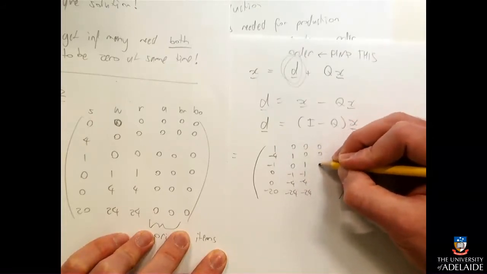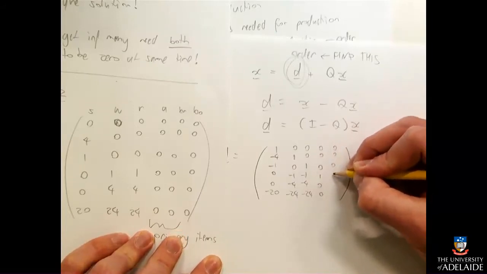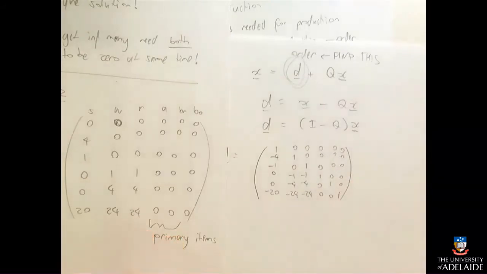Zero, 0, 1, 0, 0, 0, 1, 0. Like that. Okay, that's good. I minus q looks like a matrix that ought to have an inverse, not that we have to find the inverse, but just useful to know.